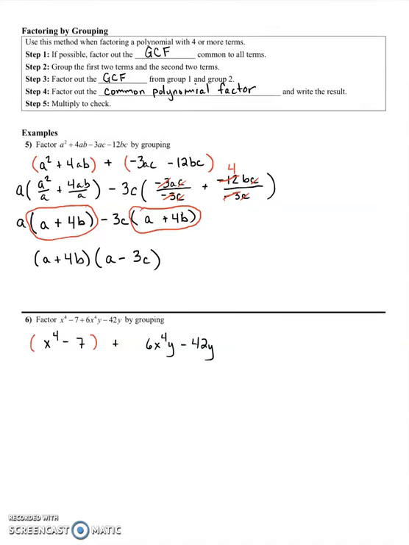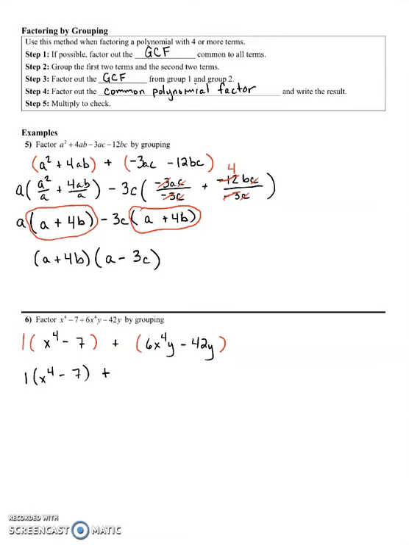Okay, let me put my parentheses in here. So the first one doesn't have a GCF, but it does have a 1 out front. Okay, so let's just bring that down since we can't do anything with it.